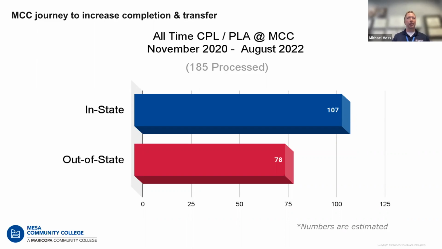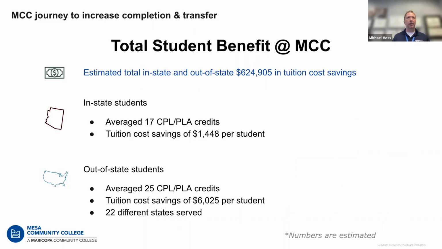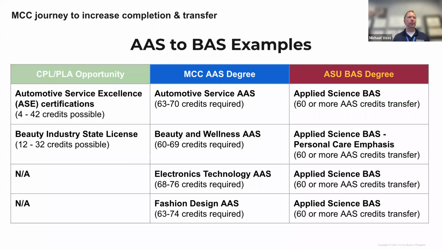So since that happened, in a little bit over a year, we had about 185 requests for PLA, which yielded for the student around $625,000 of tuition savings. So you can see about how many credits were averaged for the in-state population versus out-of-state population. We have a big out-of-state population here. So it's saving students big money.